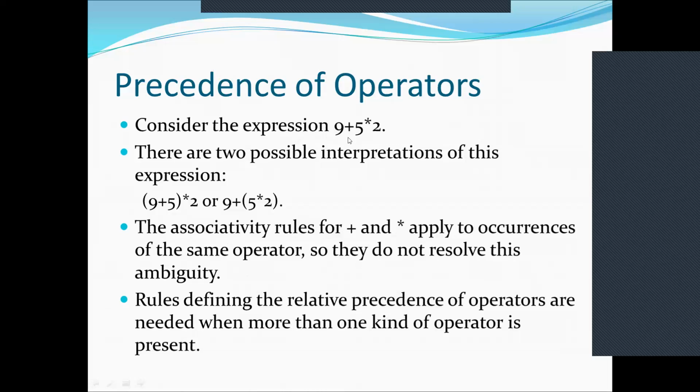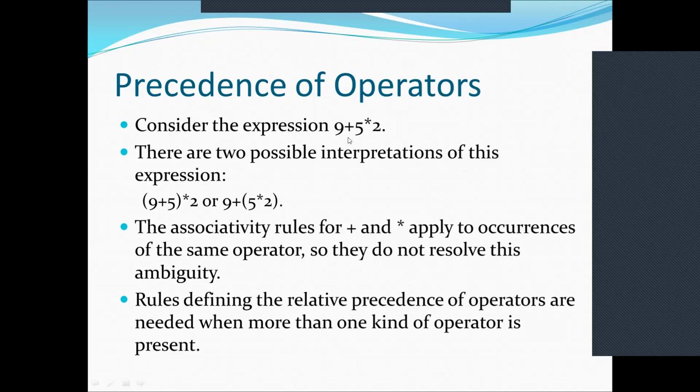It is always left associative. As I said, plus, minus, multiplication and division all have left associativity. If plus and star are both left associative, then the ambiguity cannot be resolved. So how can we work on this?